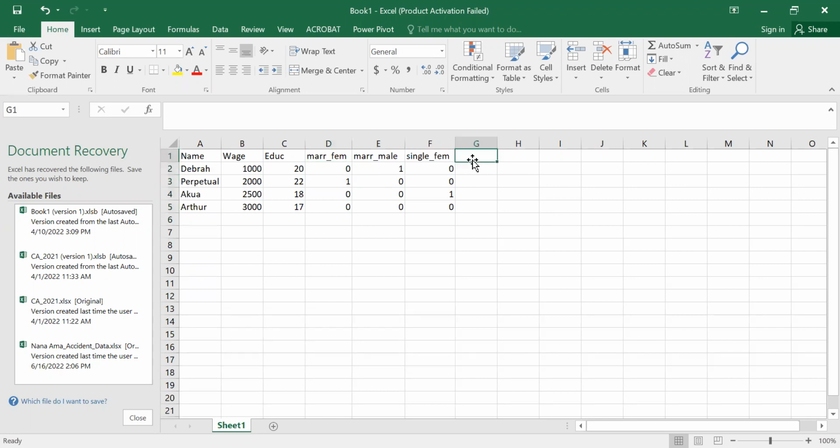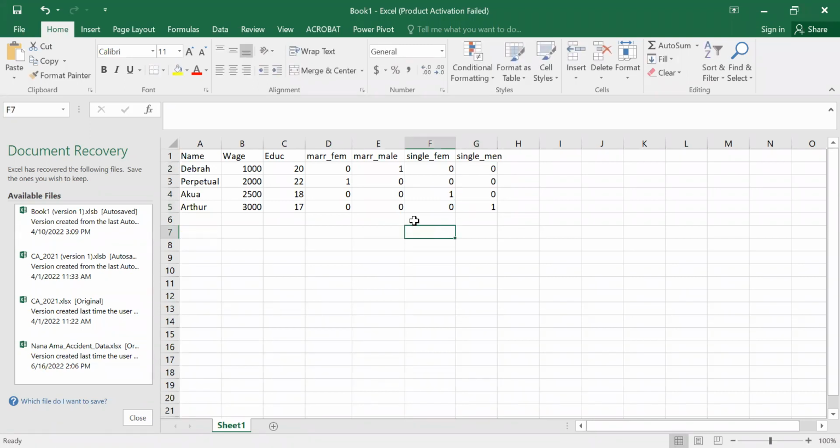So the base category, single men, we don't add it. If you add it, you fall into the dummy variable trap. Let's say, assuming we added it, then I am not a single male, this is 0. Perpetua is not a single man. Equia is not a single man. Arthur is a single man, 1.